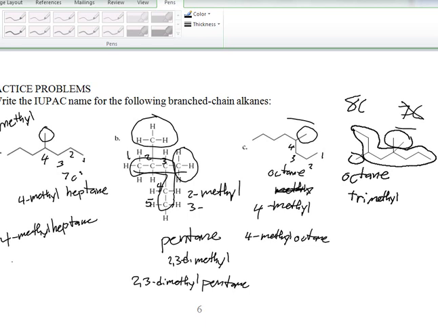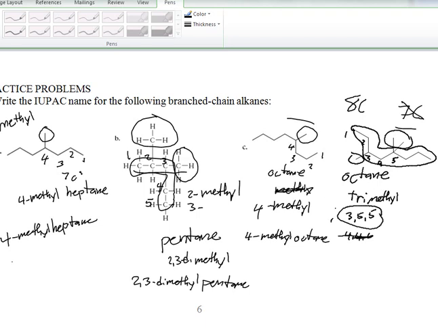Starting from the end nearest the nearest branch point, 1, 2, 3, 4, 5. So we have 3, 5, 5 as our locations for the methyl groups. Had we started over here, we'd have 1, 2, 3, 4, 5, 6. So we'd have 4, 4, 6 as our other option. These numbers aren't small enough. They aren't as small, so this is a better choice.